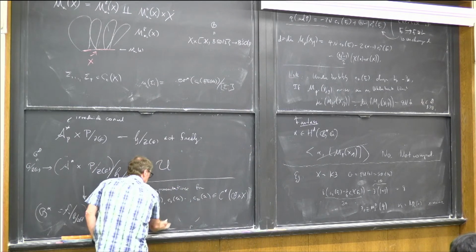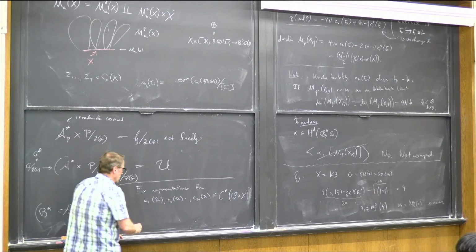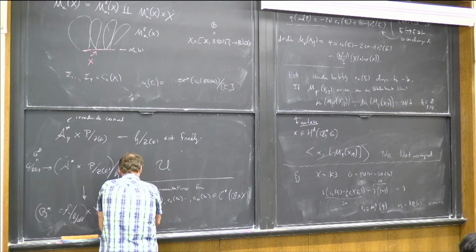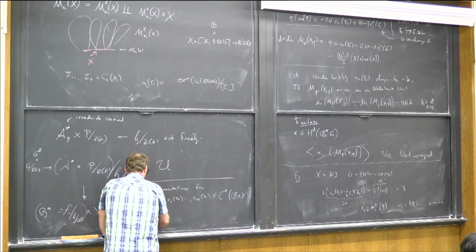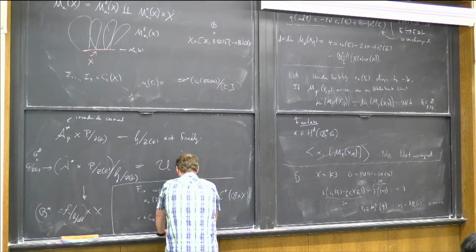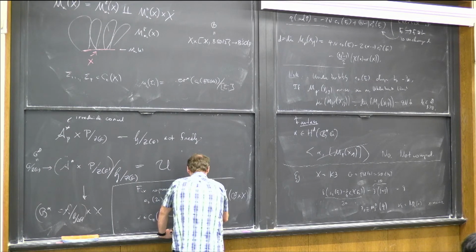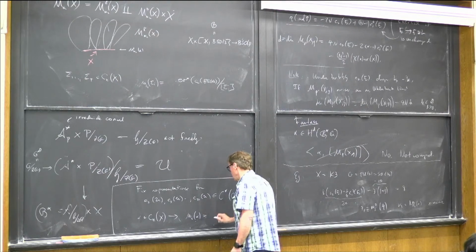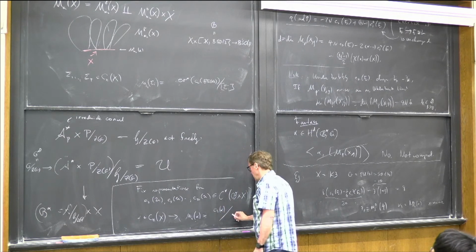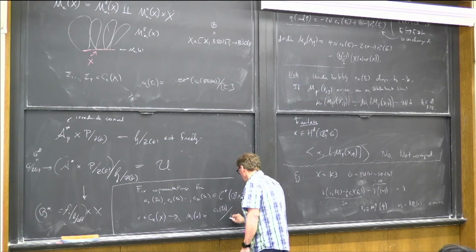And now I can define a more concrete kind of mu map. Given a cycle in C_k of X, I can define mu_i of alpha to be C_i of U slanted against alpha.